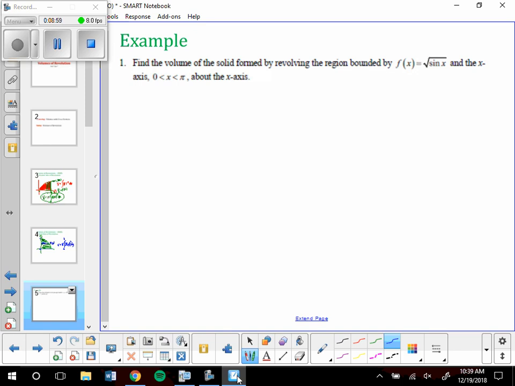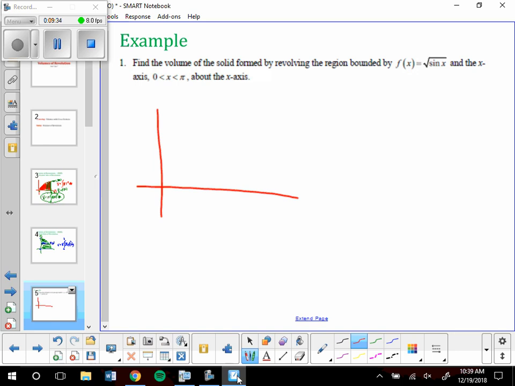Okay, focus. Find the volume of the solid formed by revolving the region bounded by f of x equals the square root of sine x and the x-axis from 0 to pi about the x-axis. What do you think we should do every time? Draw a picture. What does the square root of sine x look like? Like this. It still looks like sine x, but what kind of values can you not plug in?